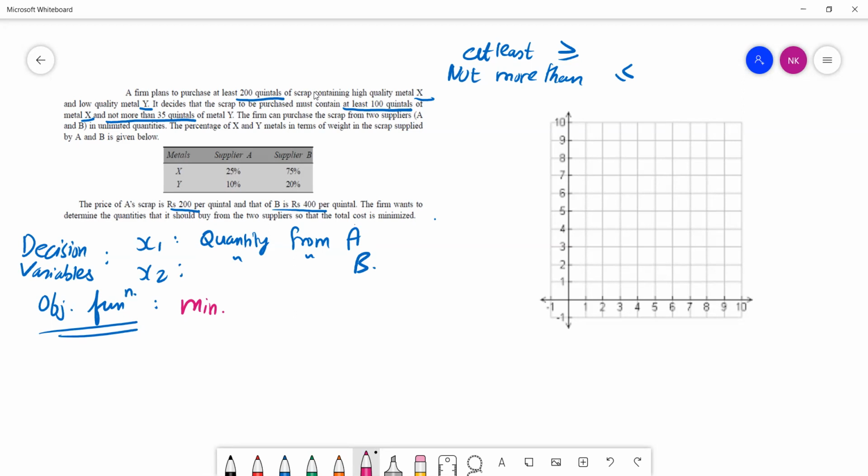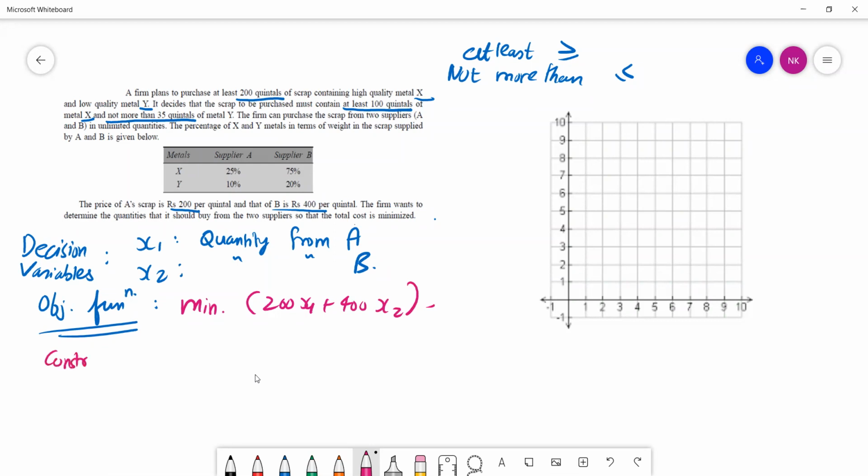For a firm, this should be minimization. If it was given from the supplier's perspective, then it would be maximization. So you can mold the question according to the requirements: for a firm it's minimization, for a supplier it's maximization. So minimization of 200 x1 plus 400 x2 would be our objective function.